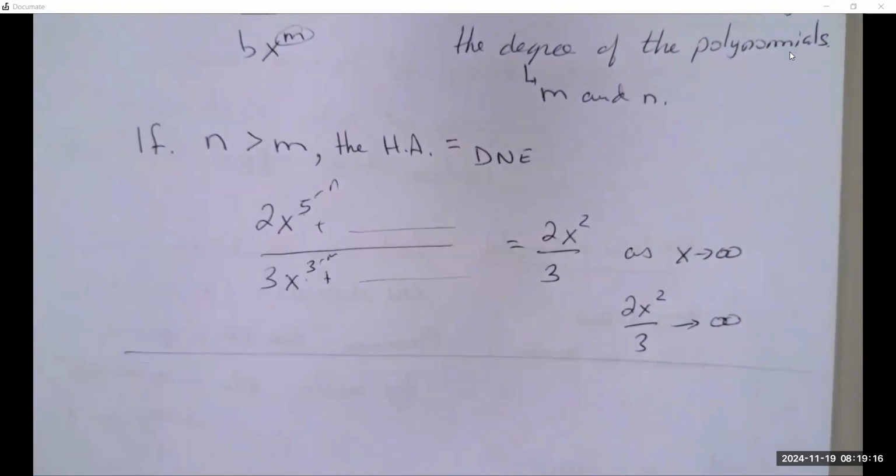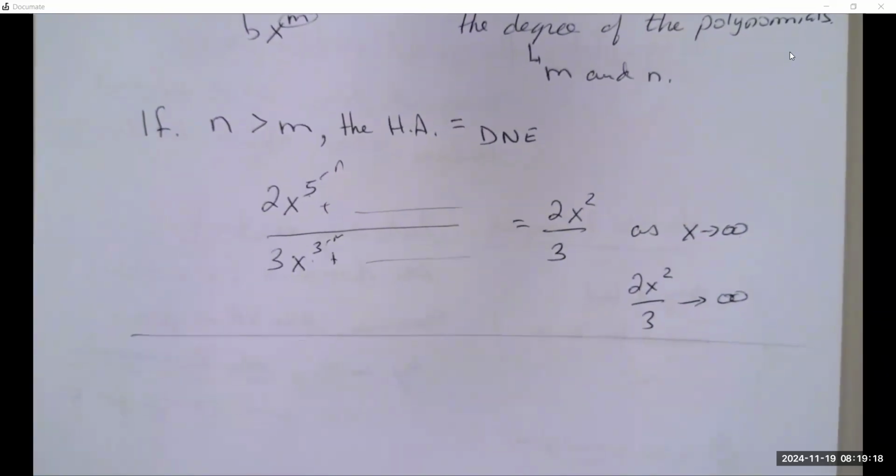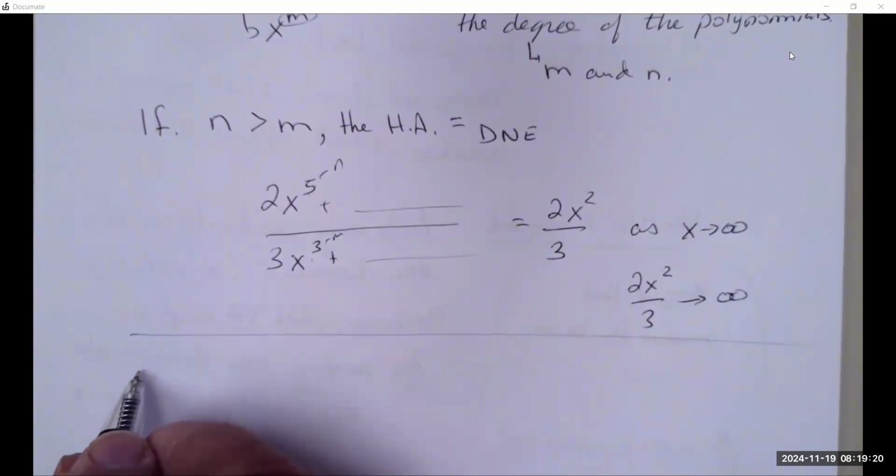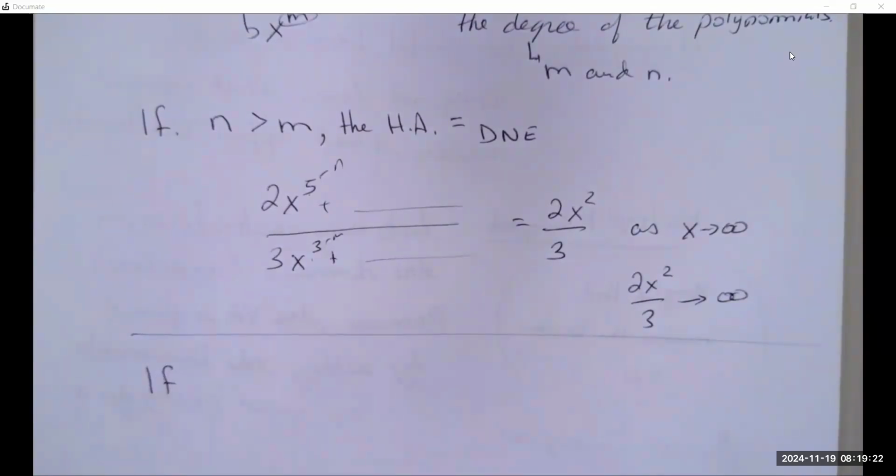You get it now? Once you understand the concept of the 1 over n over 1, you see where they go to. This is super easy. What if they're equal?